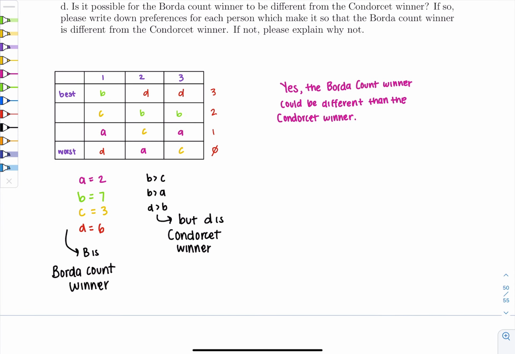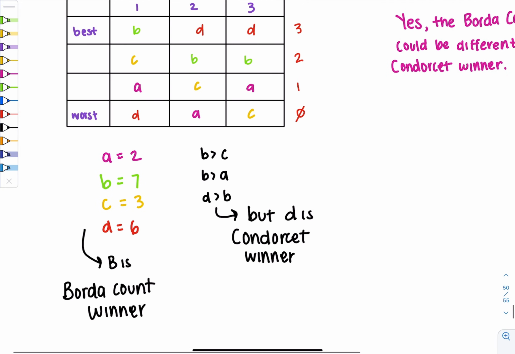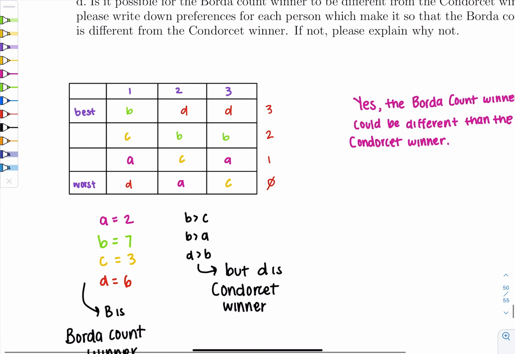So our Borda count winner is B. However, D is our Condorcet winner because it is ranked higher over all of these at least 2 out of the 3 times.